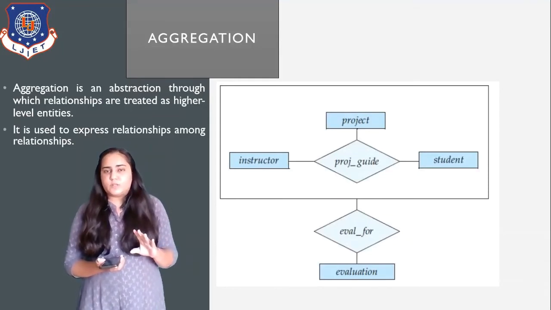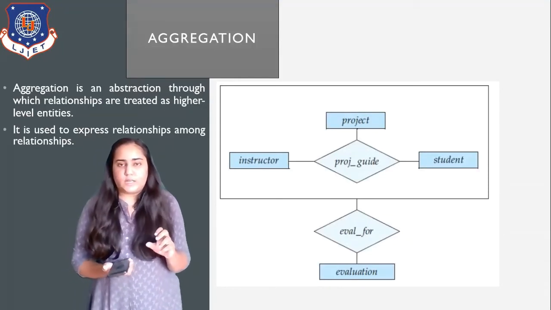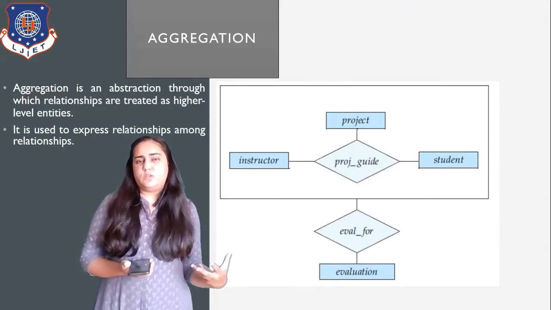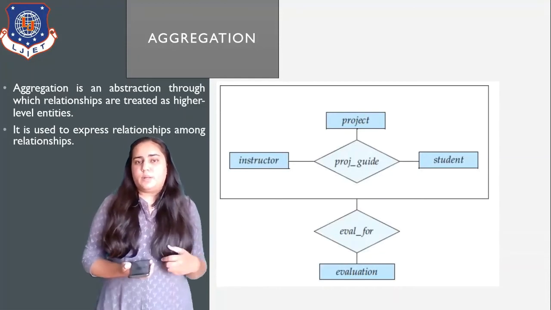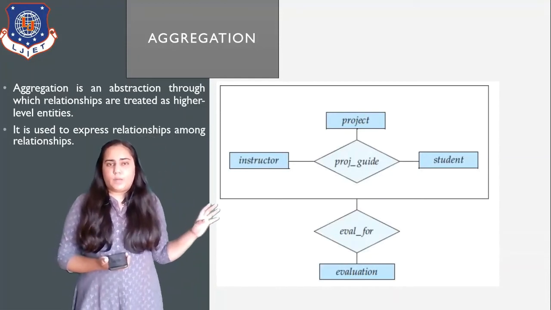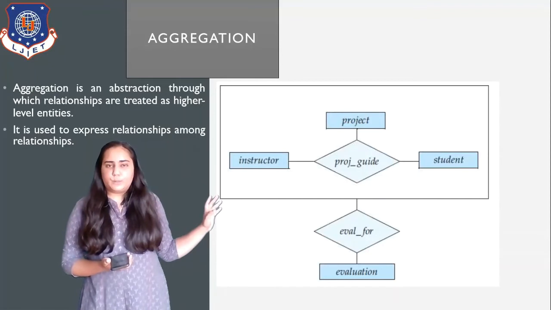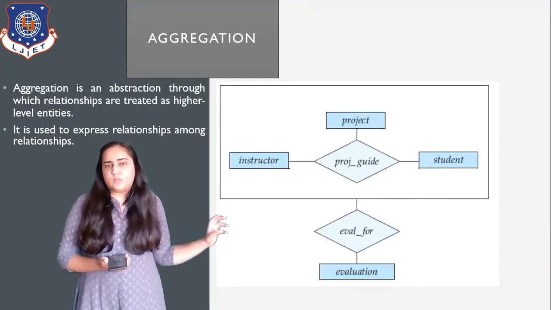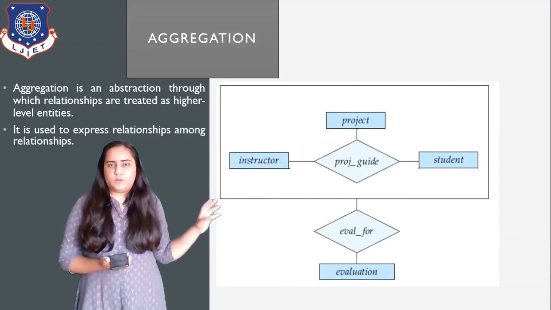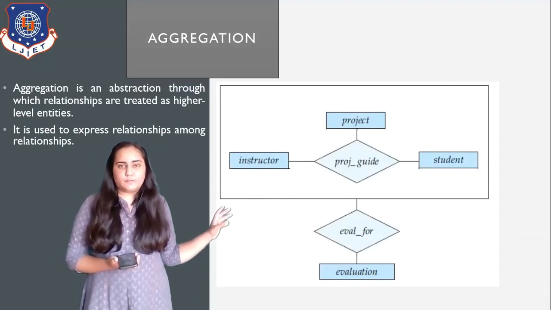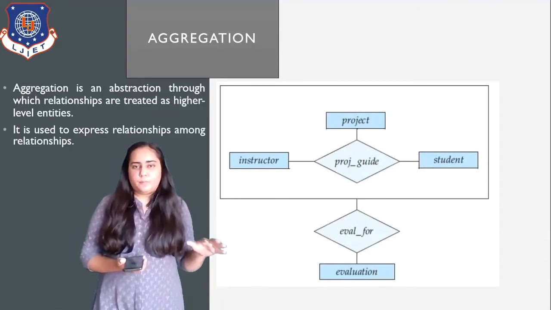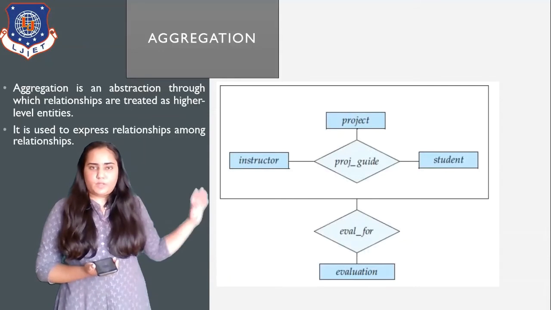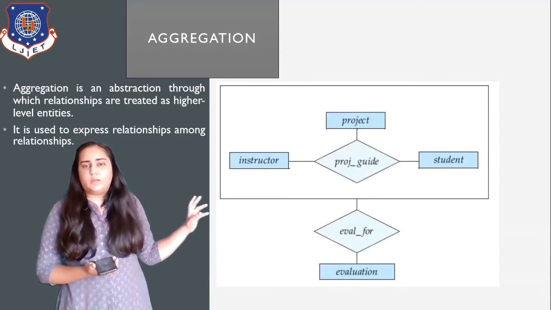But the problem here is if I have created another entity set, then it would become a quaternary relationship. And quaternary relationships are fine, but they don't really make a lot of sense when you try to put them in the diagram. And so the best way to do this is to combine the three entities that you have, draw a box over them, and then attach a fourth entity set with it by another relationship.